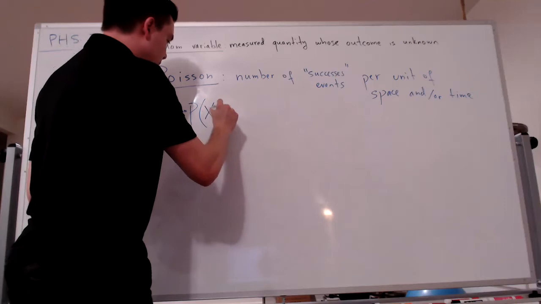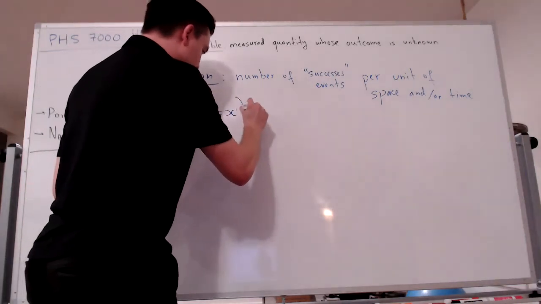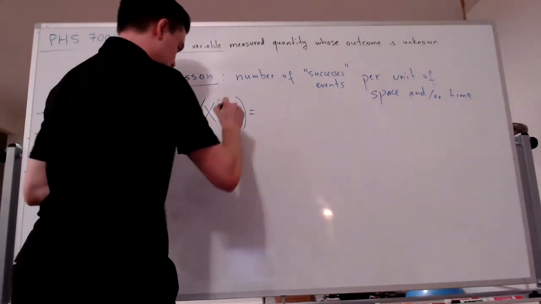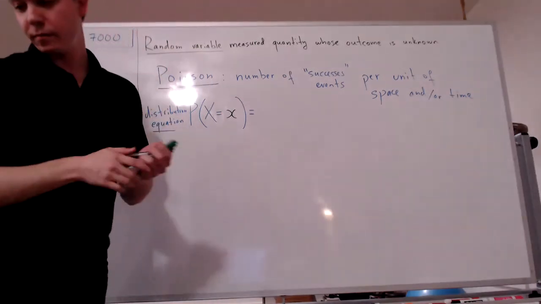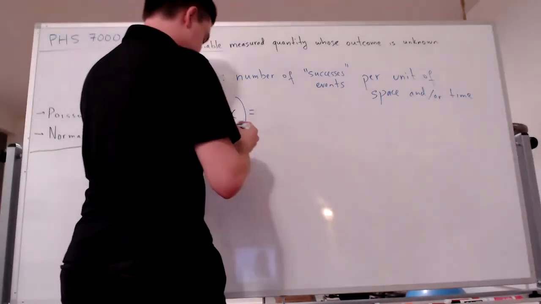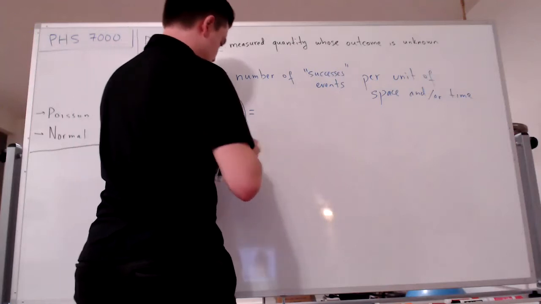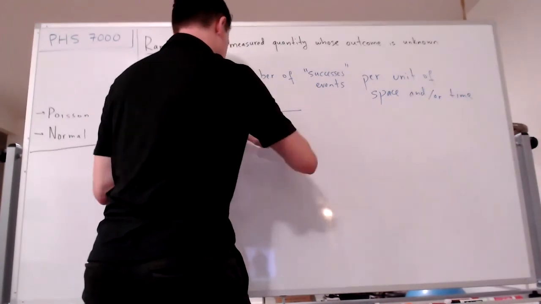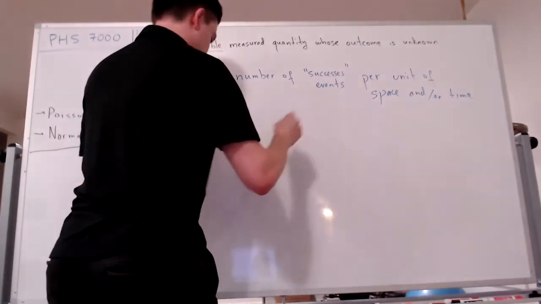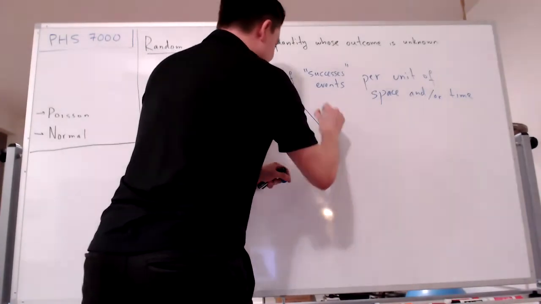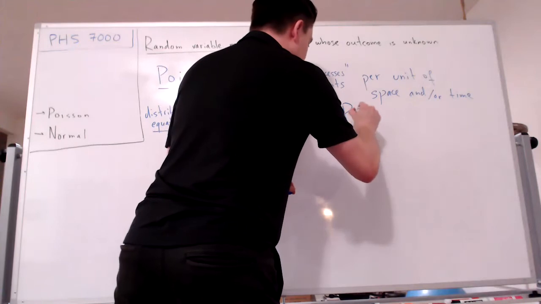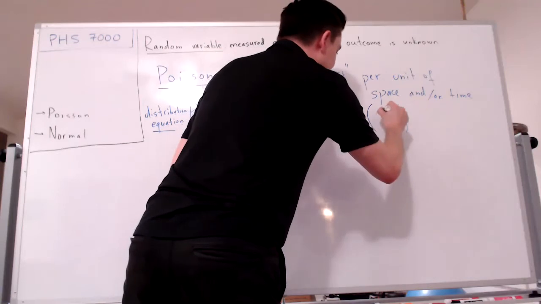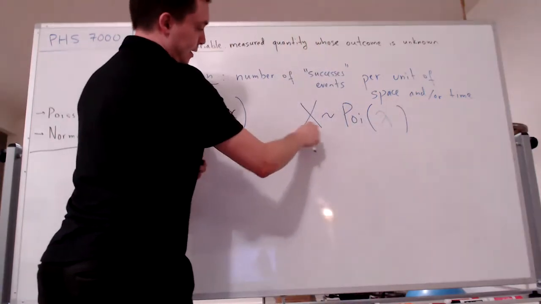The probability that my variable takes on a particular value. And I think it's a good idea that I actually color code this. Sorry, I'm getting ahead of myself. We say that our variable is distributed according to a Poisson, where the parameter is lambda. Here is my variable.